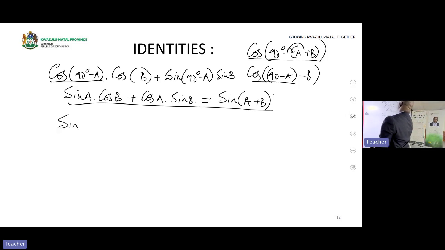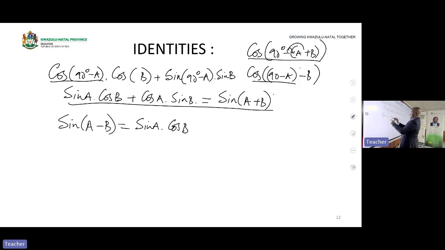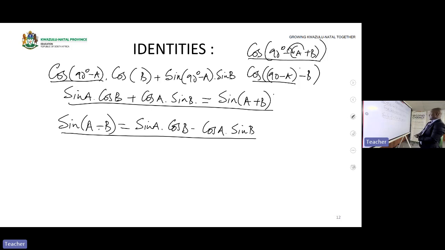I'm not going to derive this one, I'm just going to write sine A minus B. Based on this one, we know that it is going to be sine of A times cos of B, sign does not change, minus cos of A times sine of B.